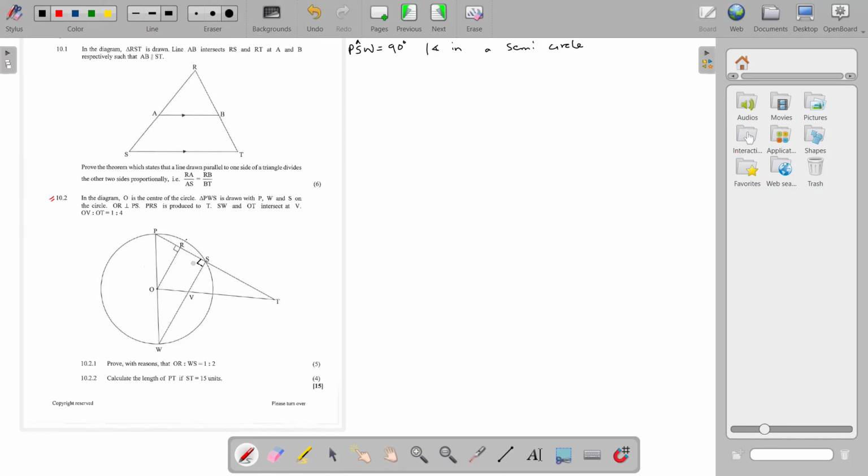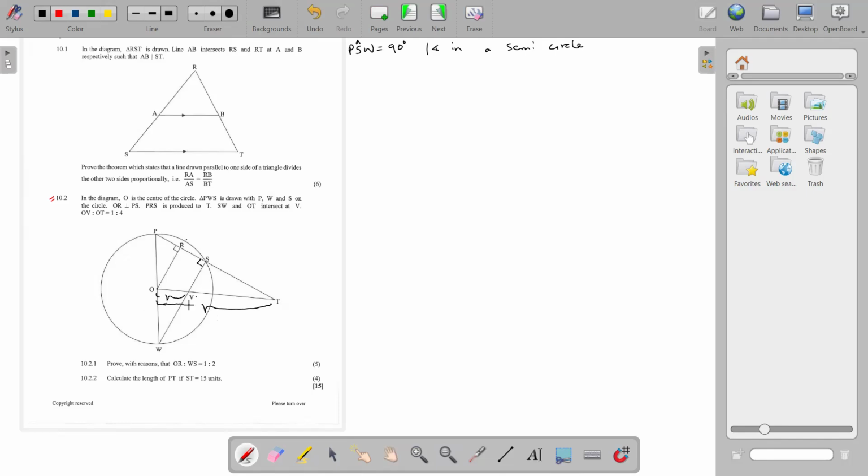PRS is produced to T. SW and OT intersect at V. Then you are told OV to OT is 1 is to 4.